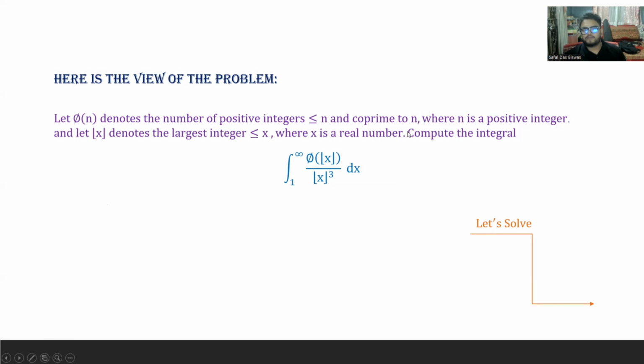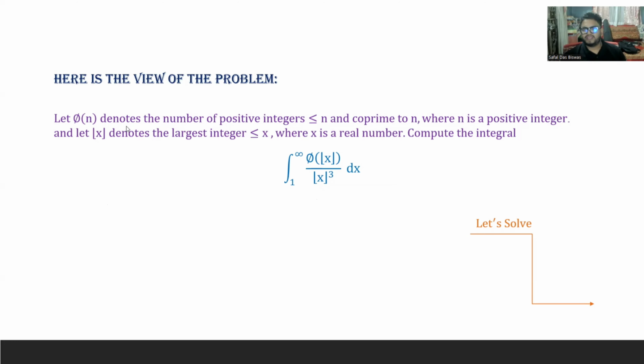And so here is the problem, as I said, for real x. It asks to compute the integral from 1 to infinity of phi of floor of x over floor of x cube dx. Another thing: I will say floor of x for the GIF of x in the video.